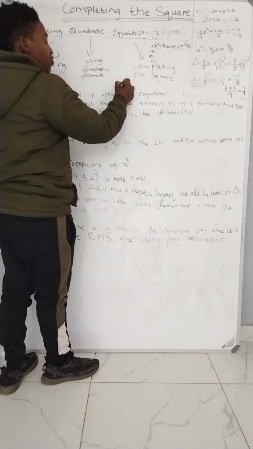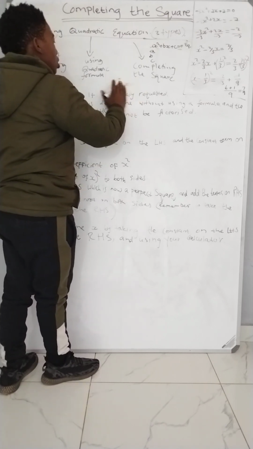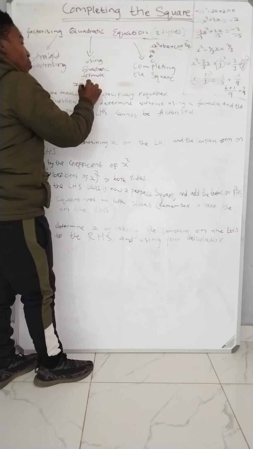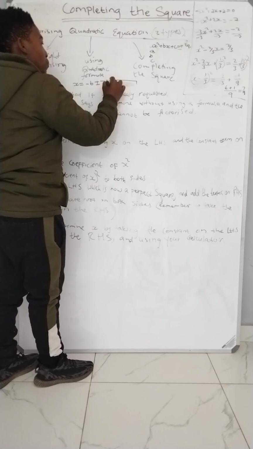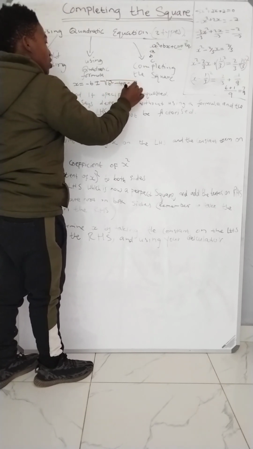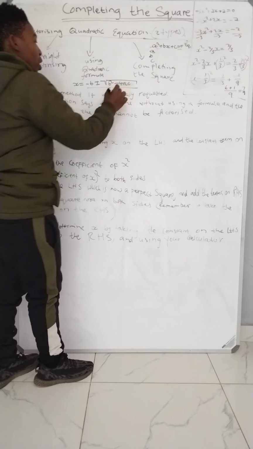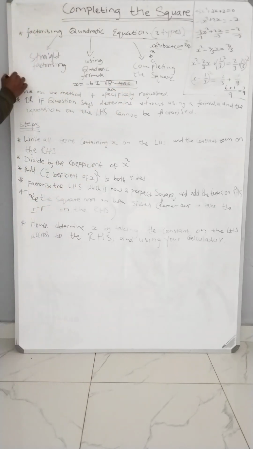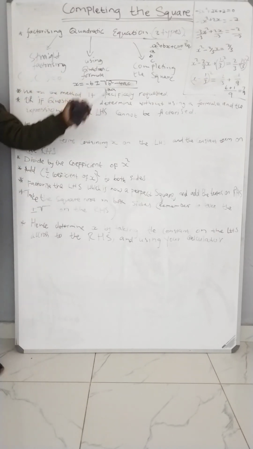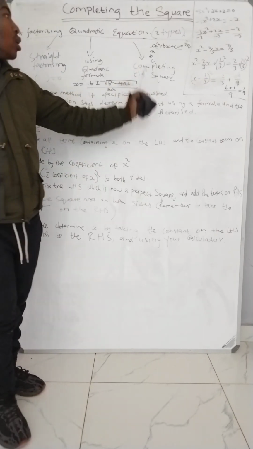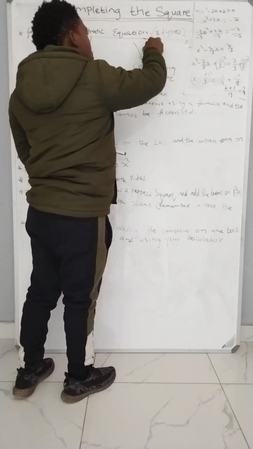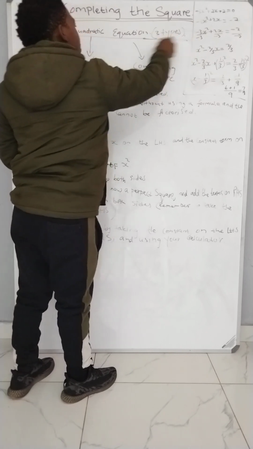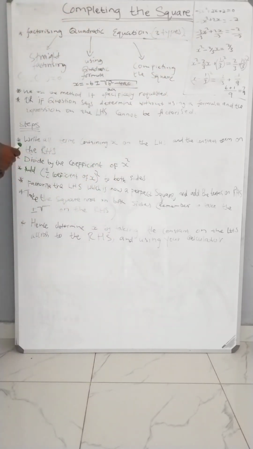It is this formula right here: x is equal to minus b plus or minus the square root of b squared minus 4ac, all over 2a. In the first method we did the brackets. Here we use the quadratic formula, and that is the second way of finding the value of x, or the roots.